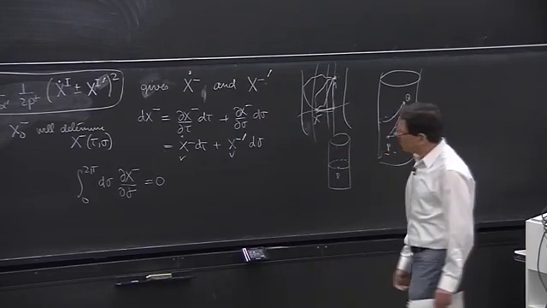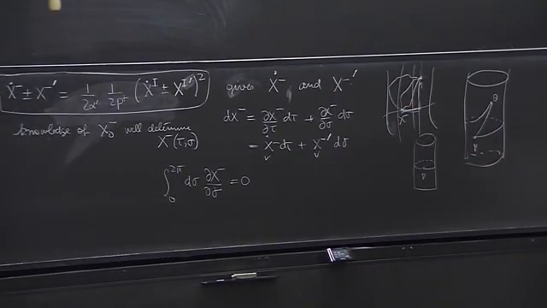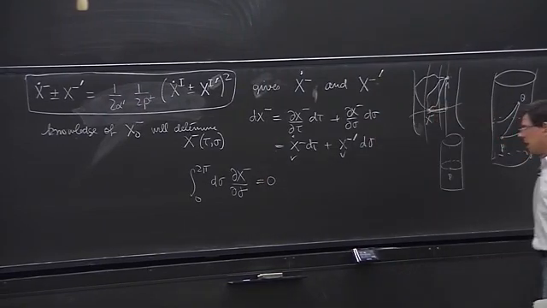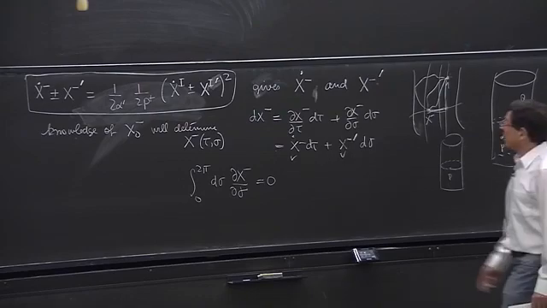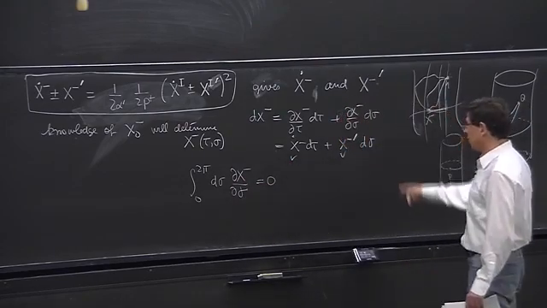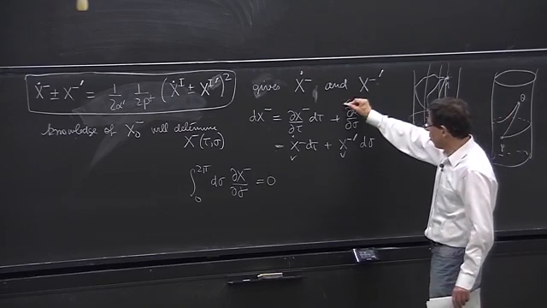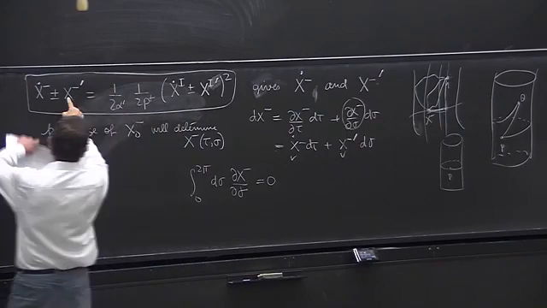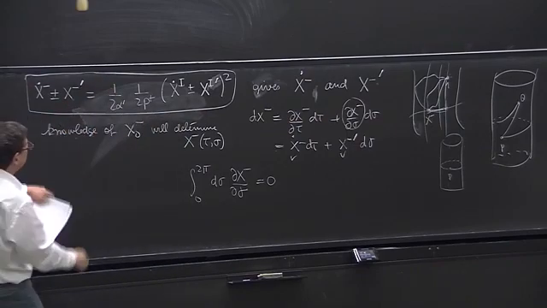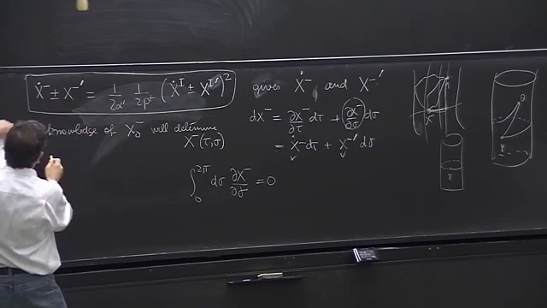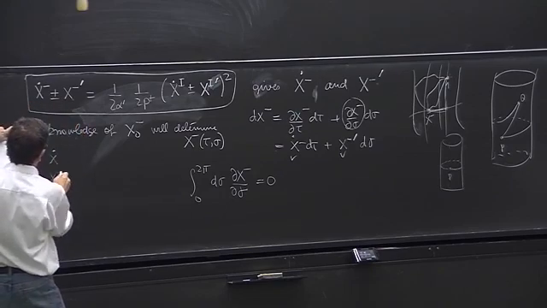Isn't that obvious? Because it's an integral of a total derivative? Not quite. It looks like it's an integral of a total derivative. It's not all that simple. You see, if you look at what x minus prime is, let's just get an idea. You get from here x dot and x prime.